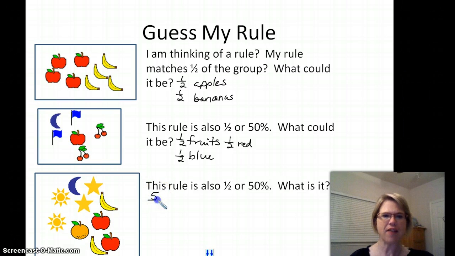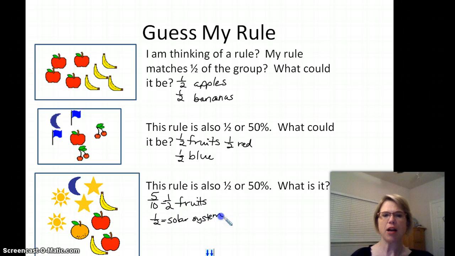I see that 5 out of 10, or 1/2, are fruits. One half are like, so if 1/2 are fruits, stars, moon, sun. I think 1/2 or 5 out of the 10 are solar system items, right?